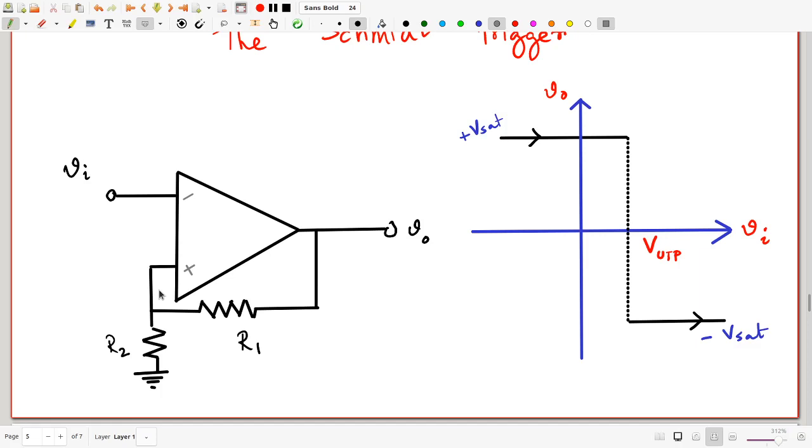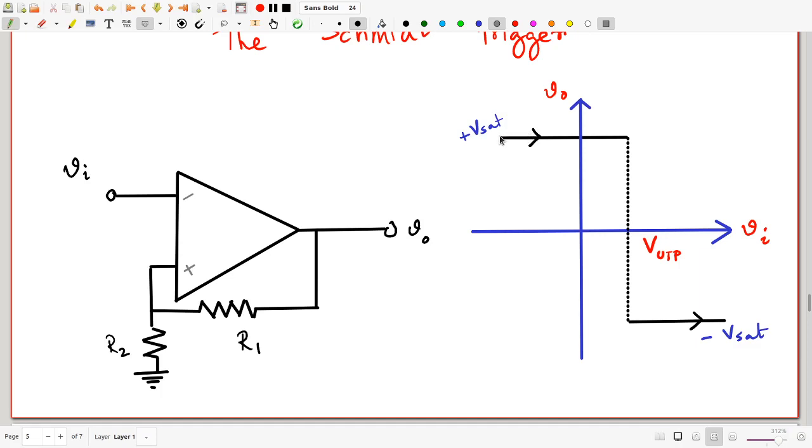Now, let us try to understand how this circuit is going to work. Let's say I have given a large negative input to Vi. Let's say Vi is minus 10 volts. Whatever VO is, a fraction of that VO will be fed back to the positive input, and Vi is definitely going to be less than that. So what that means is now the output is going to be plus Vsat. And this will continue.